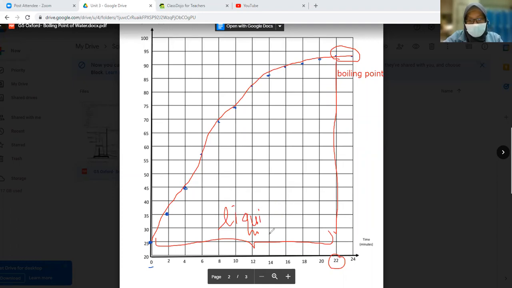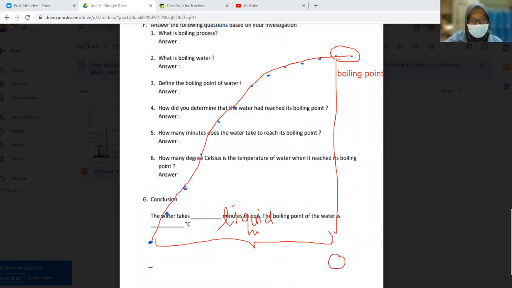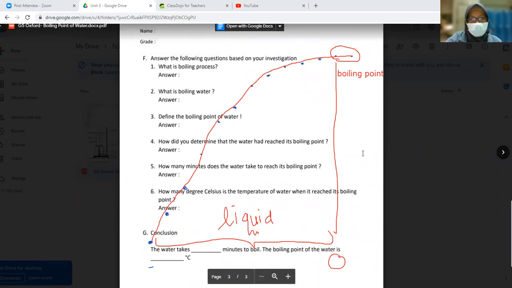But when it reaches 93 degrees Celsius, the water starts to turn into water vapor, or starts to turn into gas. That's boiling.